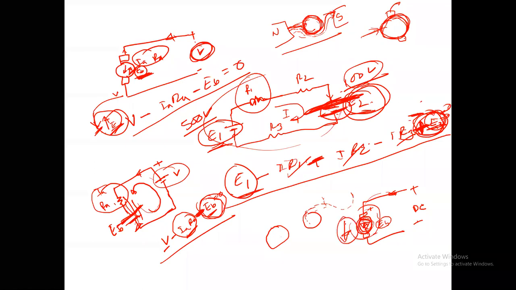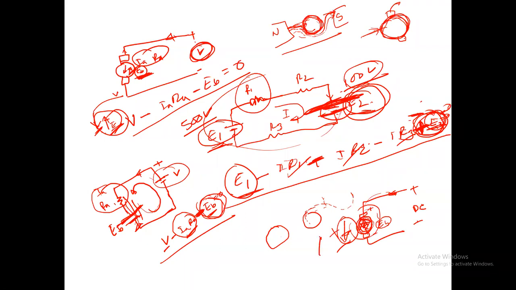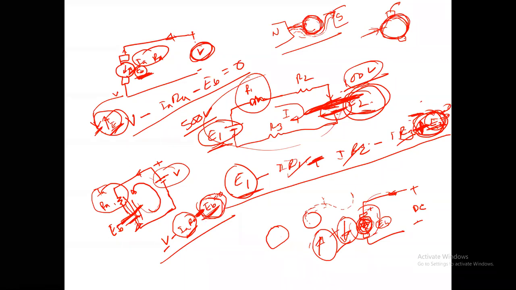So now this is the positive, but this is not possible. It cannot go through the empty side. So this is the minus EB, back EMF. This is the main fact of the motor. Okay, back EMF. Clear?